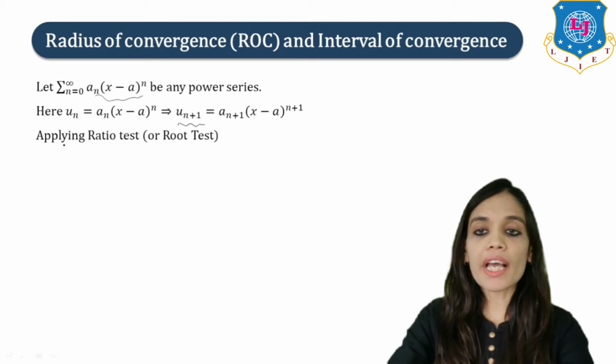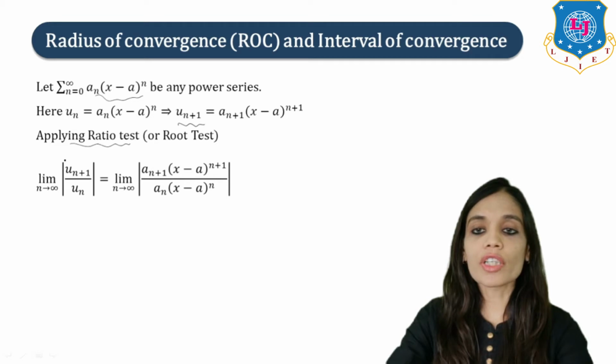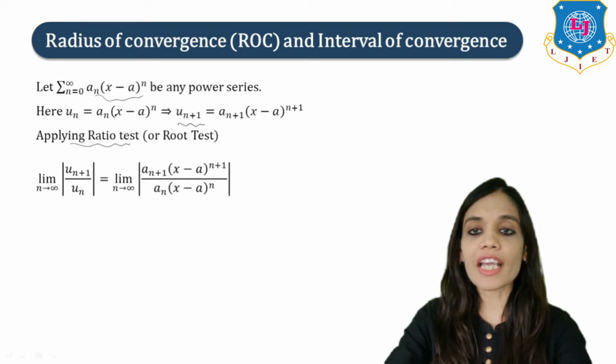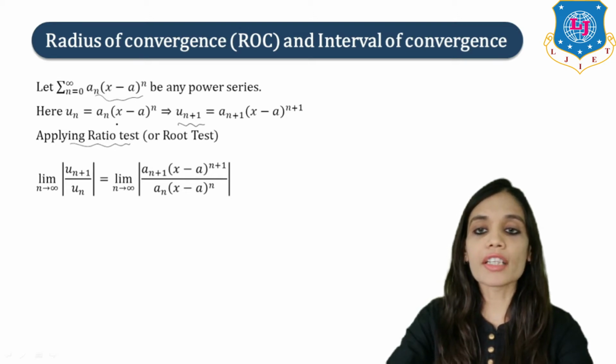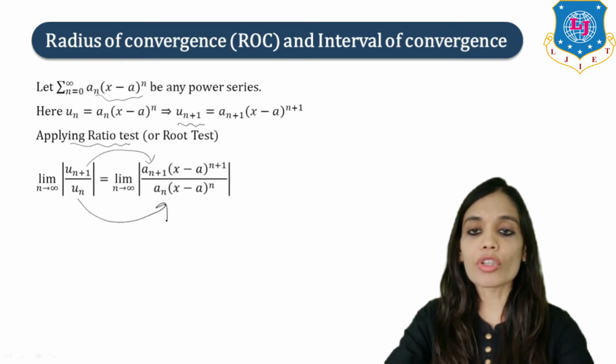On applying the ratio test, we get limit n tends to infinity of mod u_(n+1) upon u_n. Why are we taking mod? Because here x can be a positive or a negative number. So put the values of mod u_(n+1) and mod u_n.